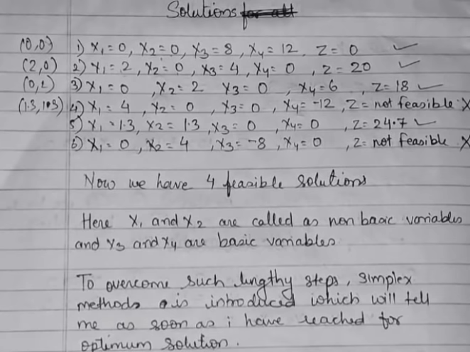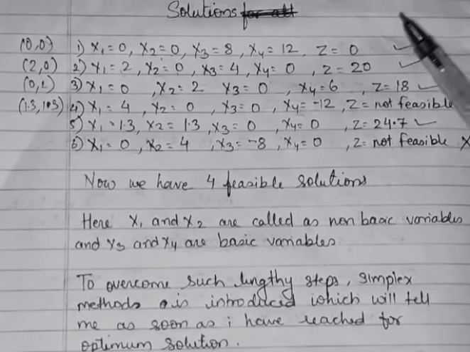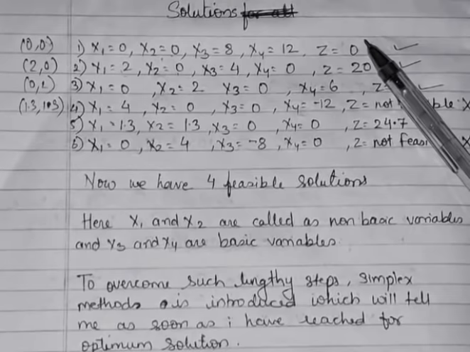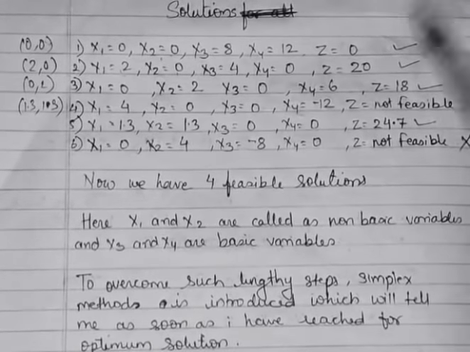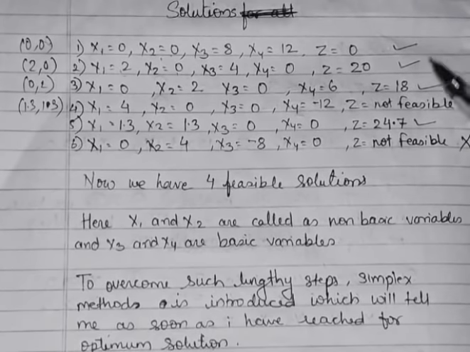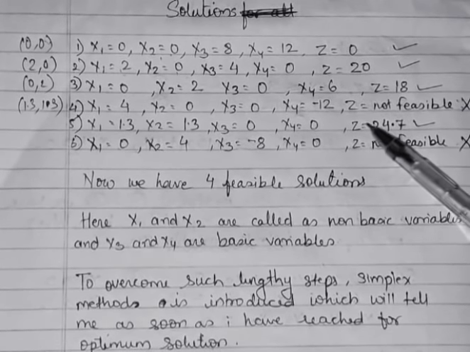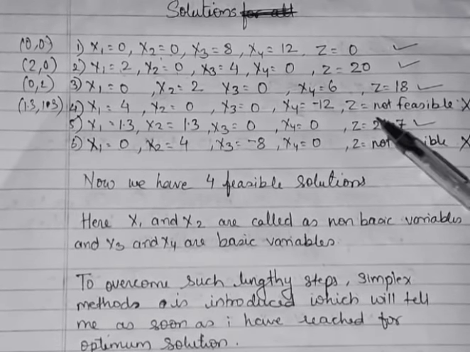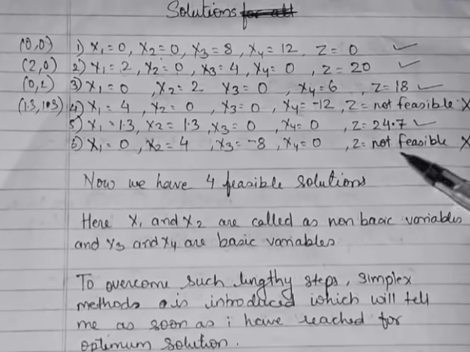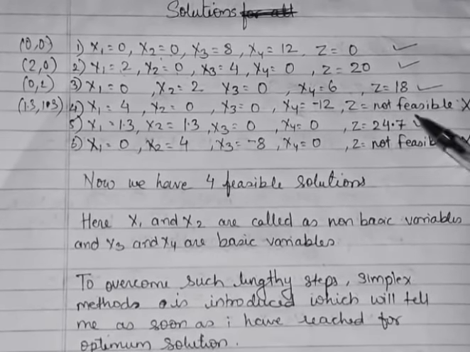Because the algebraic method is a pretty laborious or lengthy method. To find the maximum objective function, I need to do permutations of 2 variables, right? Every time I need to calculate different values, first this, then this, and only after the 6th attempt I can say that this is the optimum value.